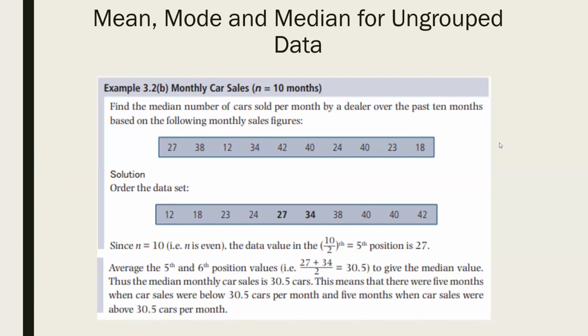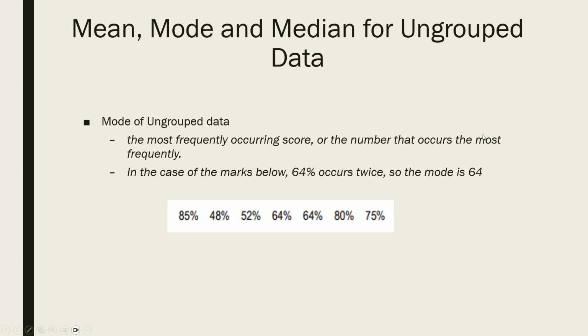So let's look at the last measure of central tendency, which is called the mode. Now, this one is very easy to remember. So the mode is the most frequently occurring score, or the number that repeats the most number of times.